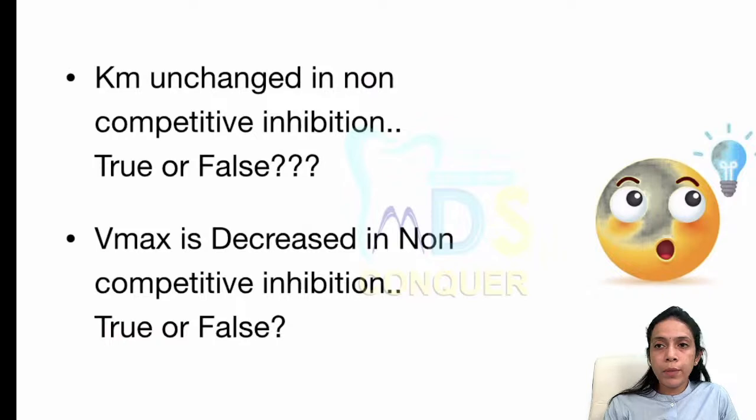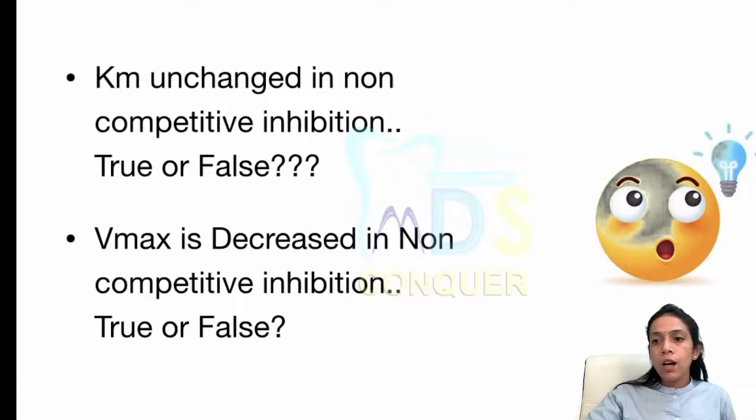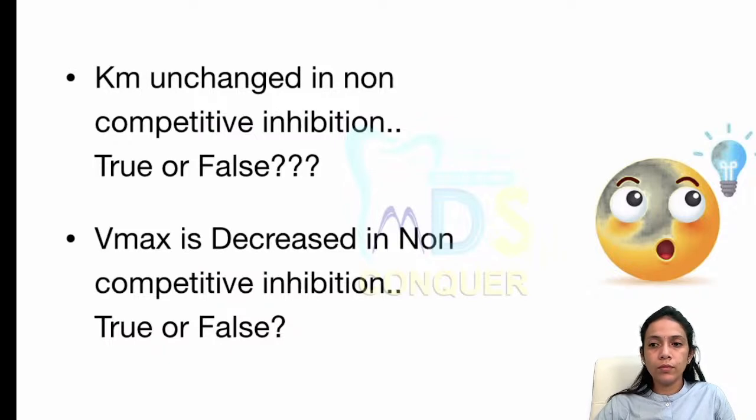Means Vmax is changed in non-competitive inhibition and Km is unchanged in non-competitive inhibition. Is it true or false? Yes, very good. It's true.